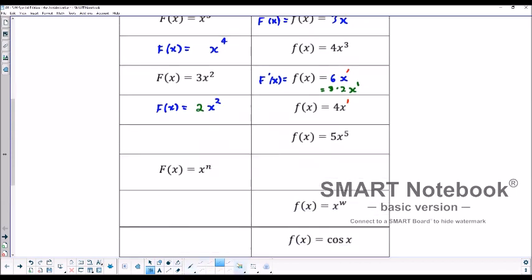We got 5x to the power 5 here. So we know that with this pattern, we're adding 1 to the exponent. So we've added 1. Now if we differentiate this, the 6 is going to come down in front. But this is just 5. So how do we get a 5 out of this if we're bringing down a 6 when we differentiate?